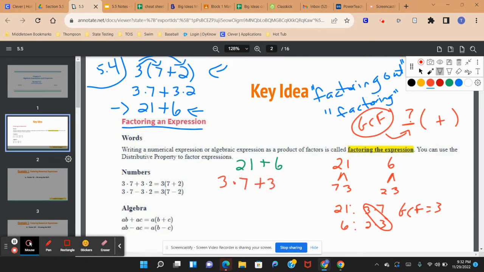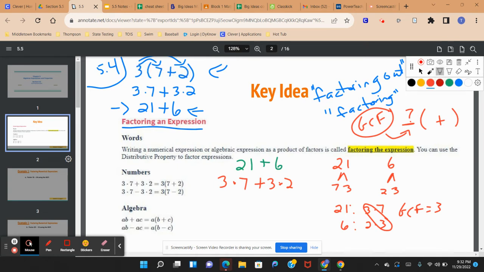And then 3 again times what gives you 6, which is 2. If you notice, what we have here is the same as what we have here. So our middle piece is always going to be the same. This was our starting point, which was our ending point yesterday. This is our middle piece, which is the same as yesterday. And now it should end up looking like this as our answer.